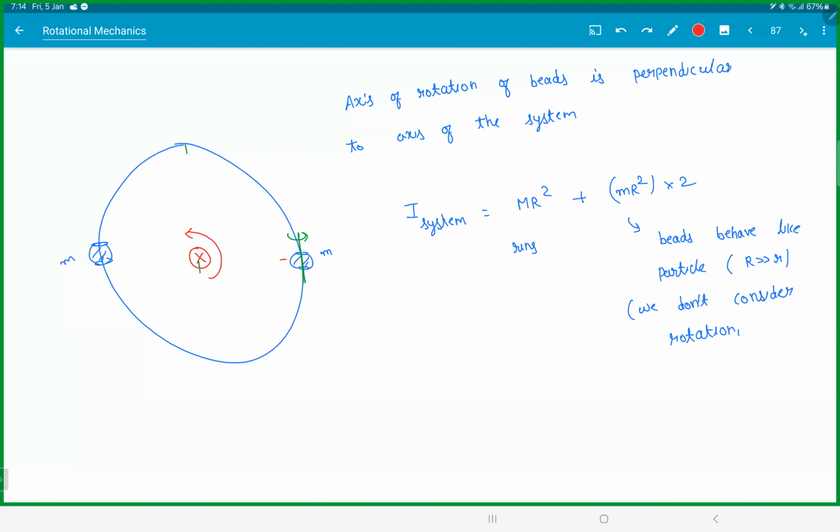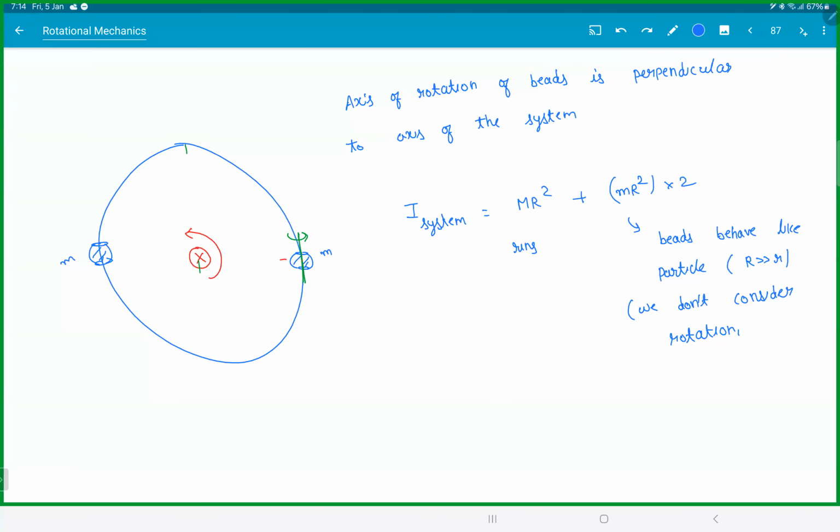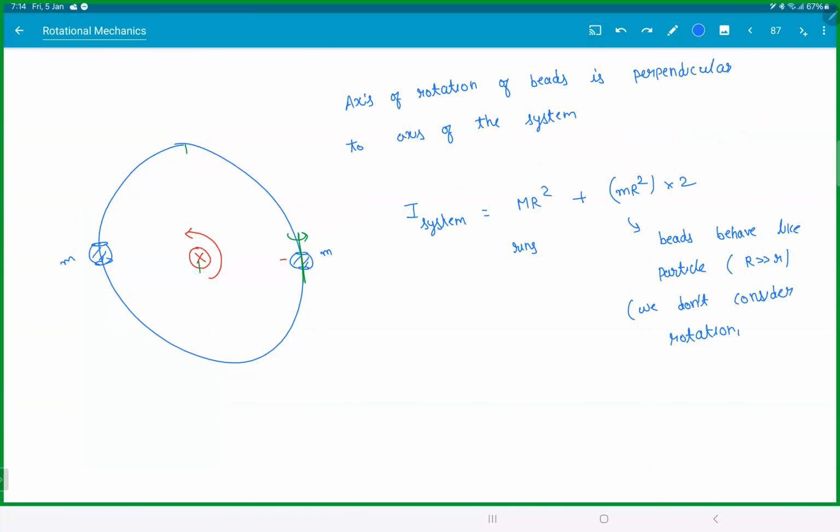That's the difference. Any doubts on this?